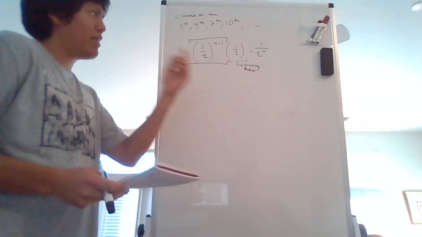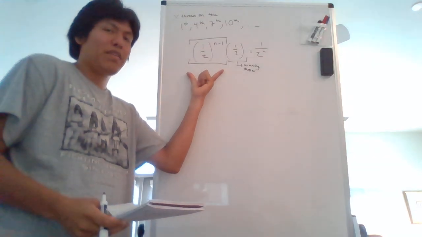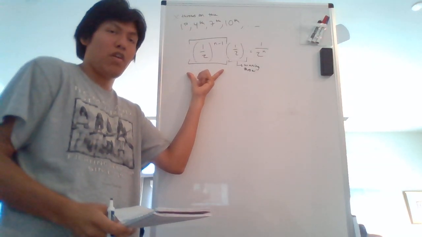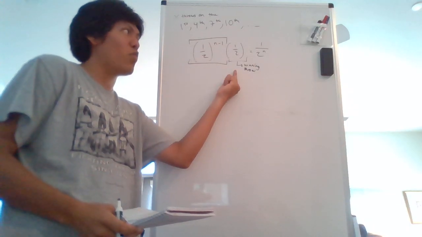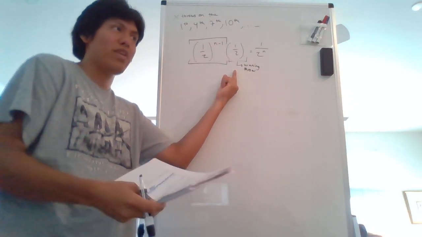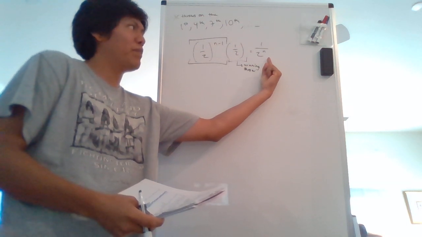So what we're doing is multiplying all of the odd throws that we've thrown times the winning throw that finally wins, and that gives us this.